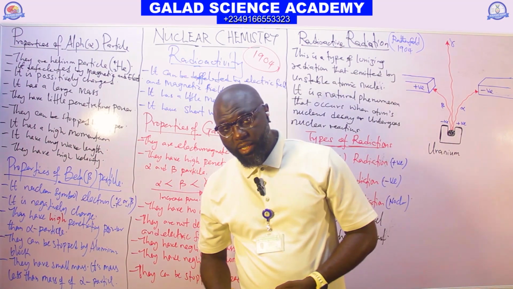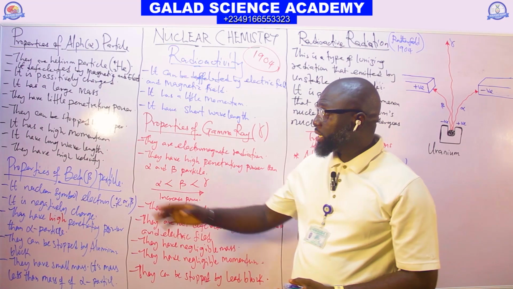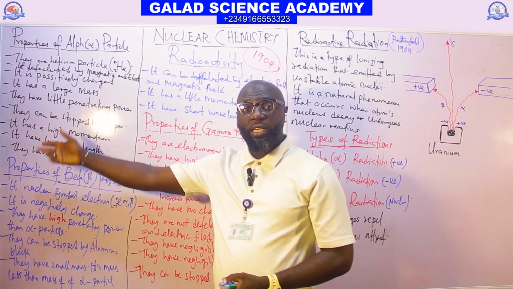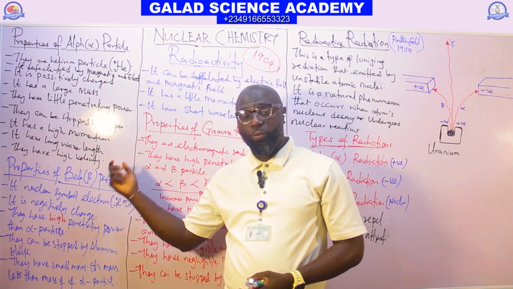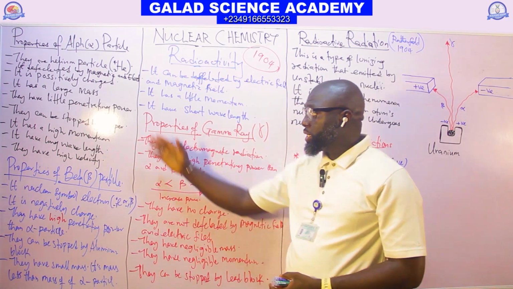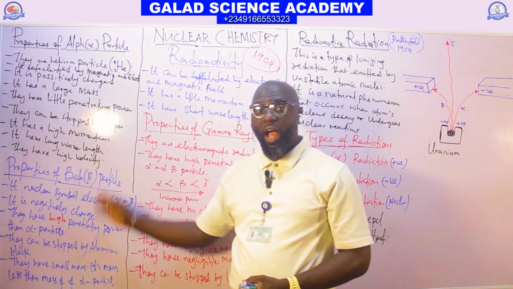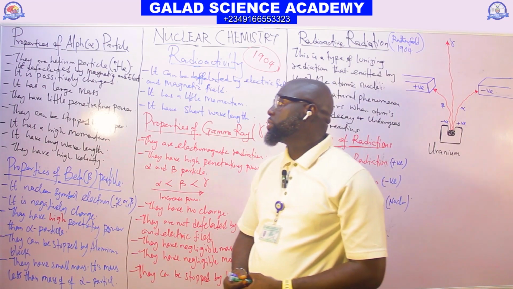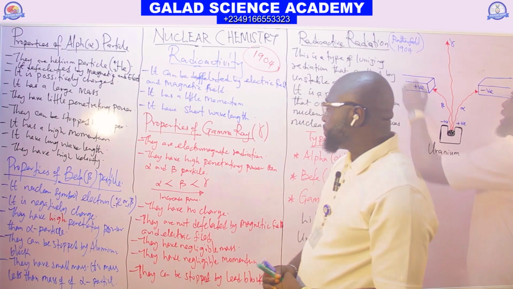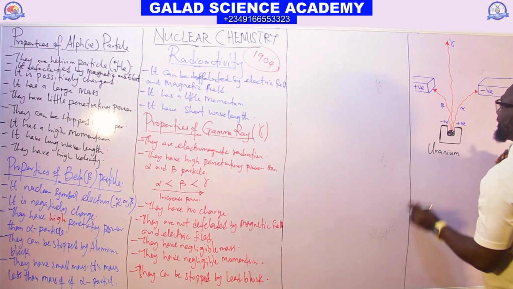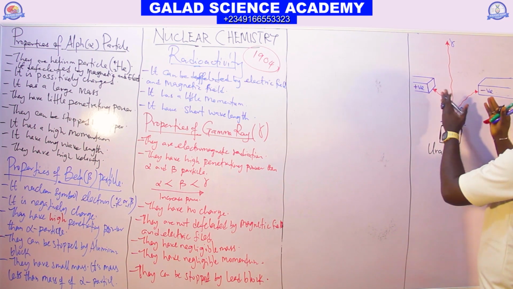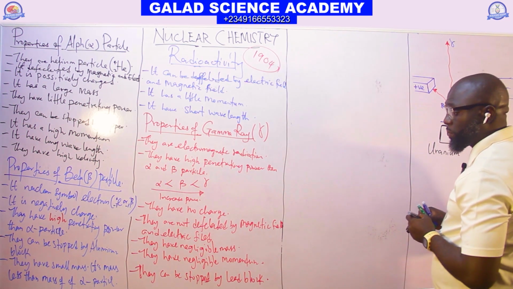You may ask in your exam: list five properties of alpha particle, beta particle, and gamma ray. Just take the best five among these. So this particular experiment we have here is the one that is used to detect the nature of radiation.